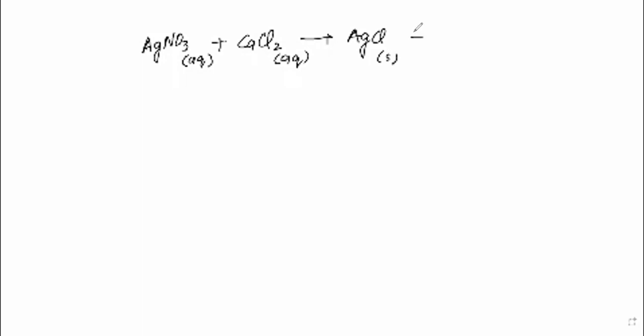Insoluble means it will be in the solid form. Even if it goes into the solution, it will not dissolve. It will settle down as a precipitate. This type of reaction is called a precipitation reaction. And we get the calcium nitrate solution.